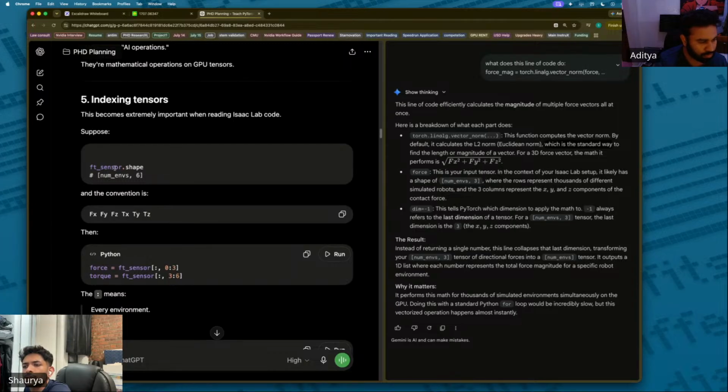So what is ft_tensor? The convention is fx, fy, fz, tx, ty, tz. Oh, torque. Okay. Force is equal to ft_tensor, and there is this slicing over here of some sort.